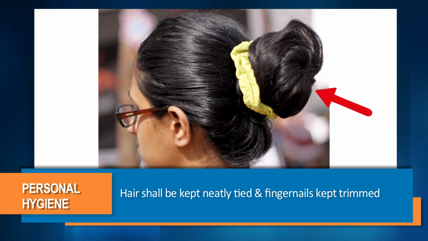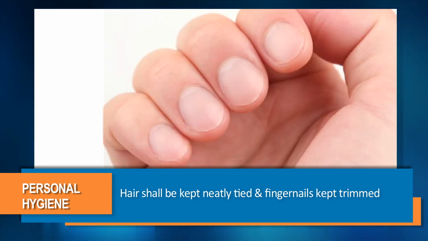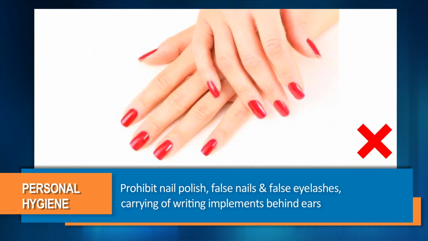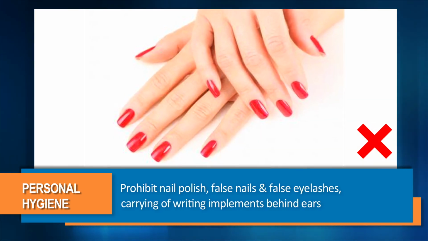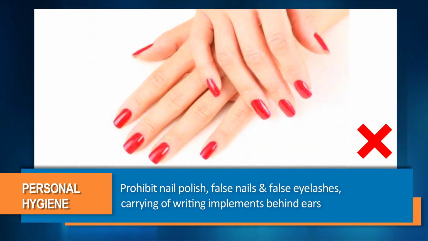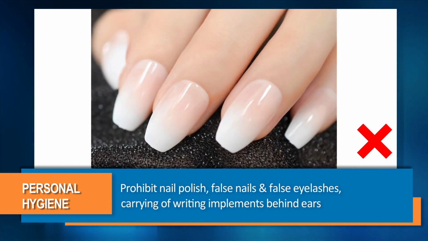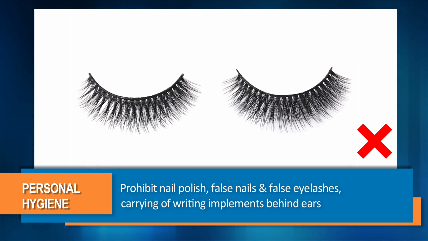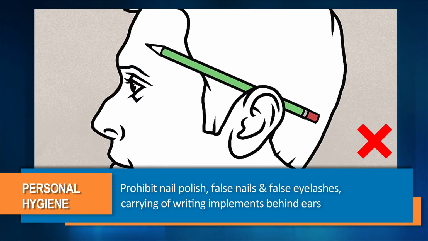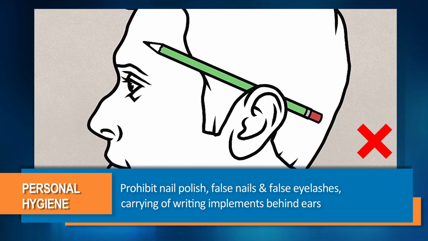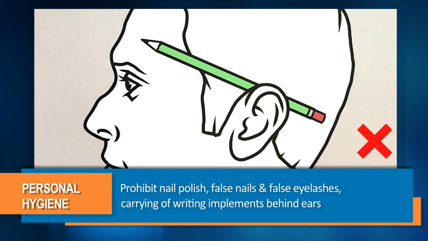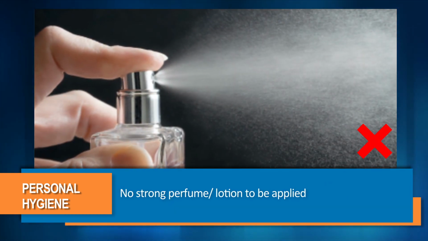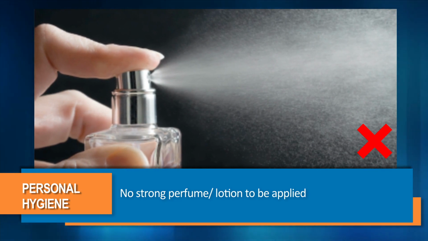Hair shall be kept neatly tied and fingernails shall be kept trimmed. The food handlers shall prohibit the use of nail polish, false nails, and false eyelashes, and carrying of writing implements behind the ears. No strong perfume or lotion should be applied.